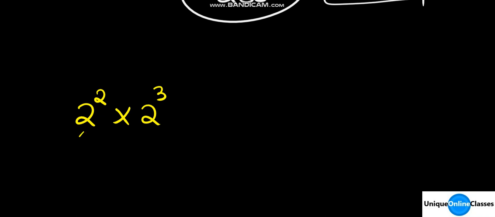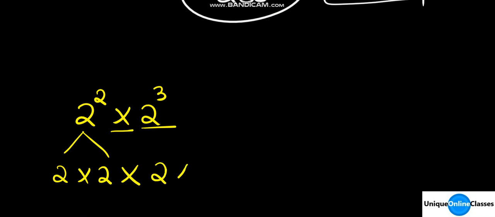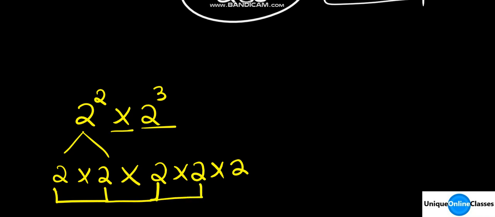If we break this down, it is 2 times 2, then this sign times, and 2 times 2 then times 2. So 2 times 2 gives 4, then 8, then 16, then 32.